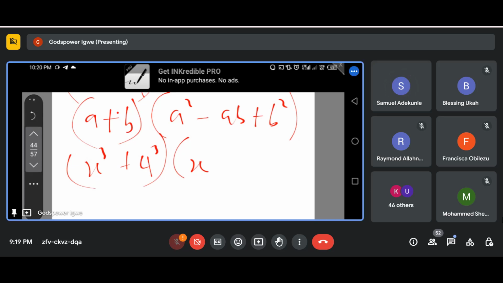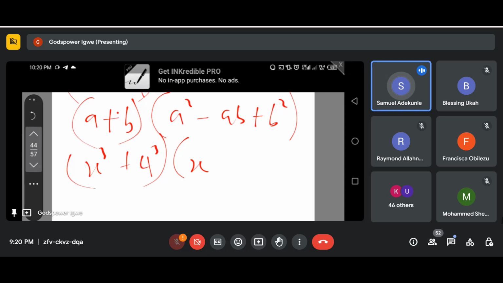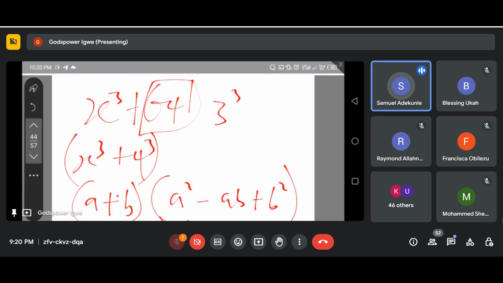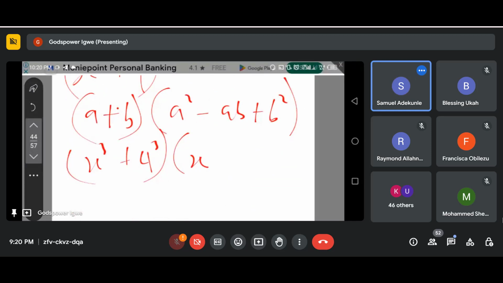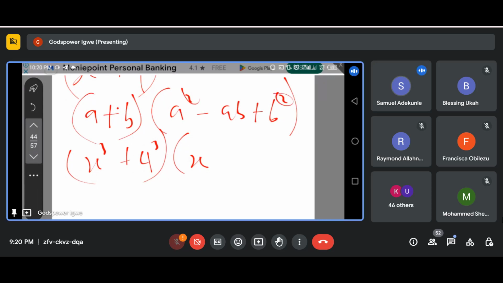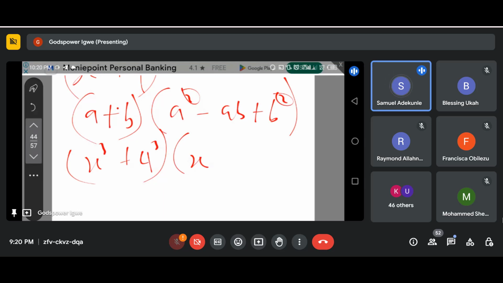So it will be x plus 4 times, you will not include the power. I'm talking about the second line where you have x cubed plus 4 cubed. Should be x plus 4. Sorry, it's an error.